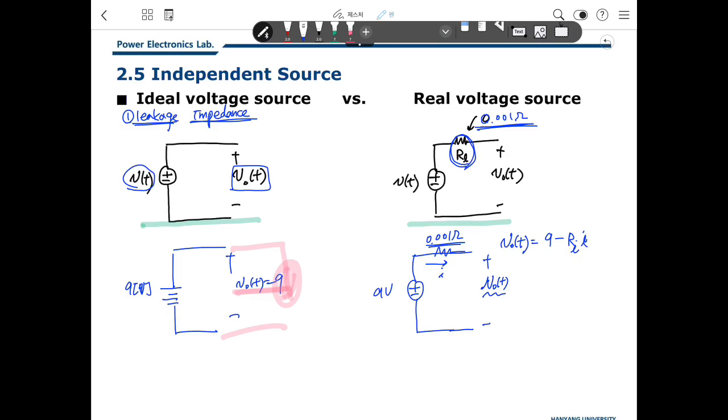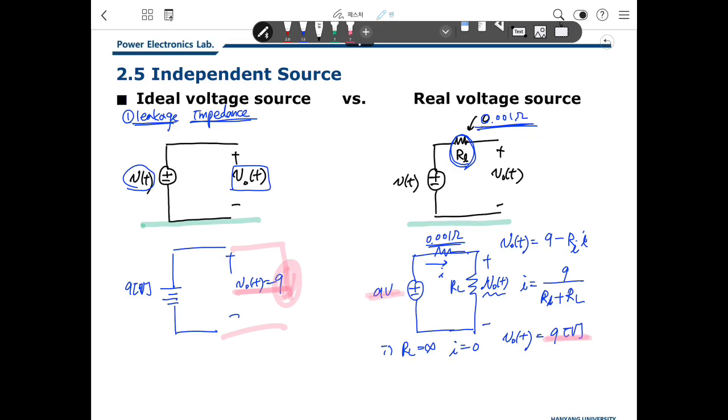And the current is 9 divided by R leakage plus R load, which we call RL. So if RL is infinite, then I is 0, then VT will be 9 volts. In this case, this value is the same as the ideal voltage value.